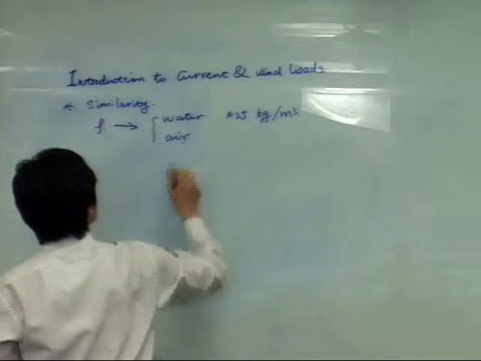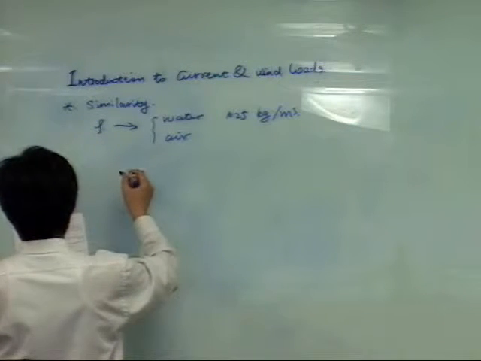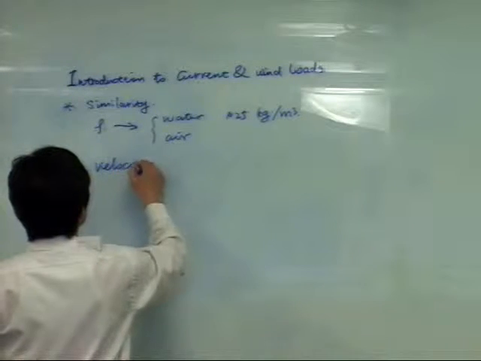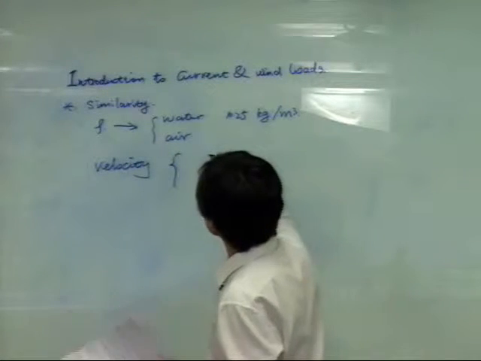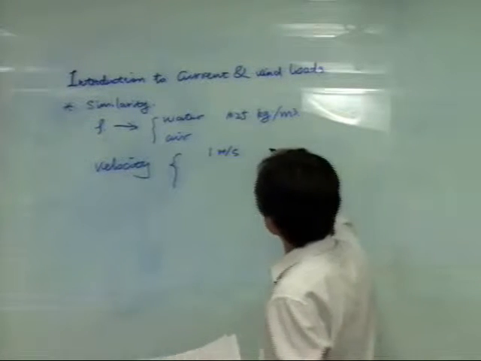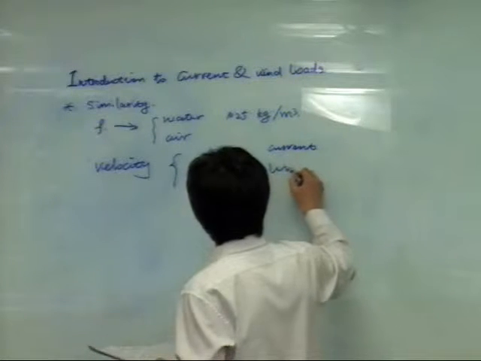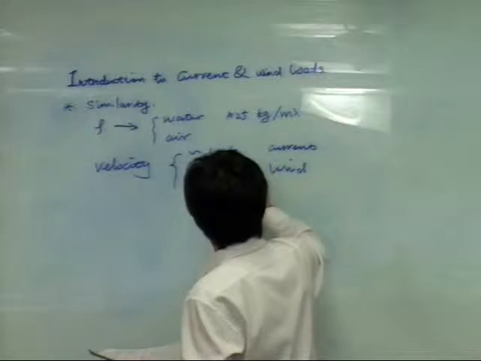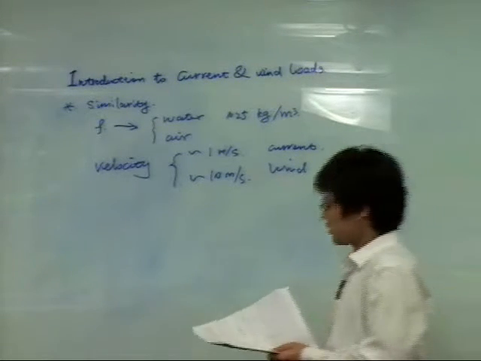And air is close to 1. And for velocity, for sea current, we're talking about on the order of 1 meter per second. For wind, we're talking about on the order of 10 meters per second.